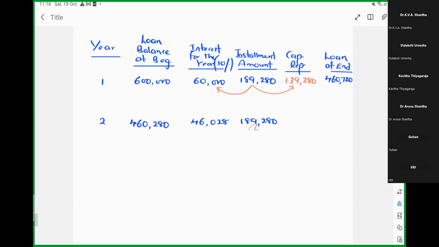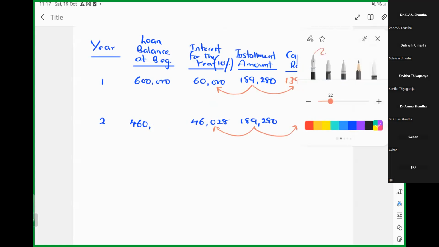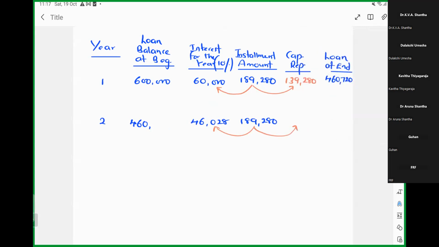Out of 189,000, 46,000 is interest. The balance is capital repayment. How much capital repayment?